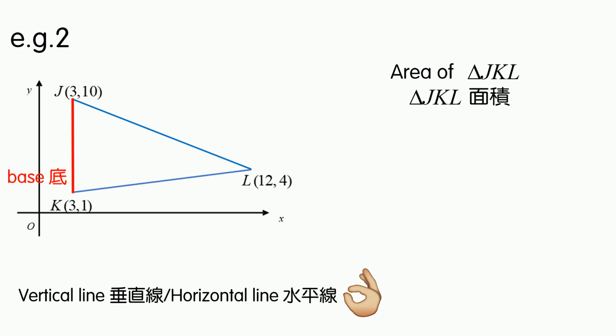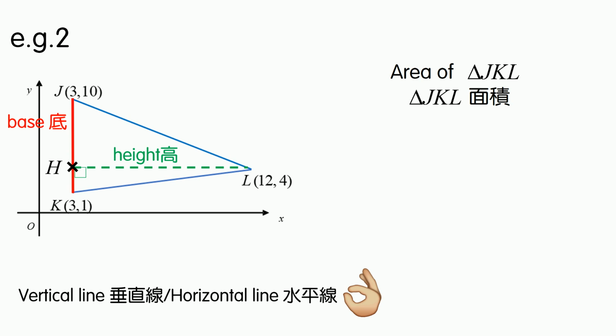So, we better treat this one as the base of the triangle. And the corresponding height will be this one. Now we mark the intersection here, create one more point here, label it as H.